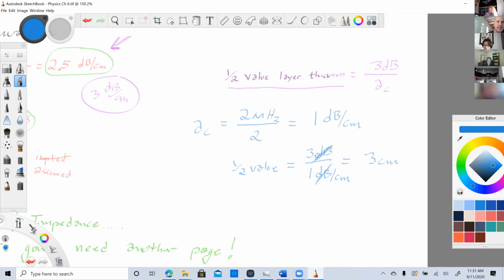So even with the lowest frequency available to us, and actually I don't think our transducers go down to 2 megahertz, so not really available to us, available to other sonographers, you still lose half of your energy by the time you've gone 3 centimeters into the body.